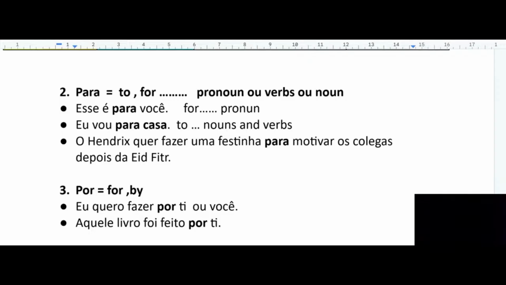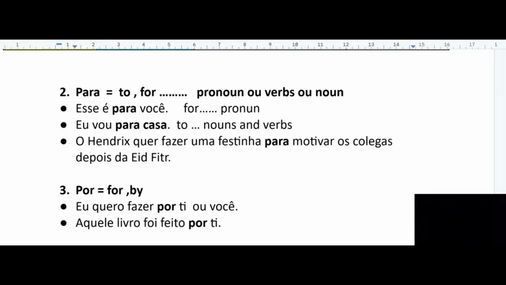It can be by. If you say by, it means the person you are referring to is the one who made the book. And if you say for, it means you are giving the book to him as a gift. Are you getting what I'm saying? So both sides are correct.